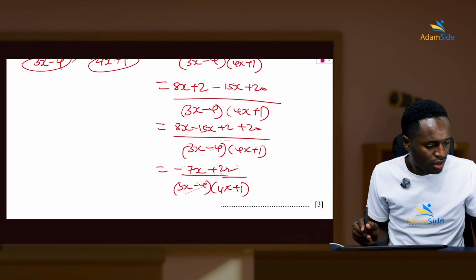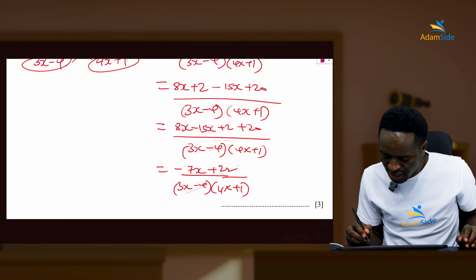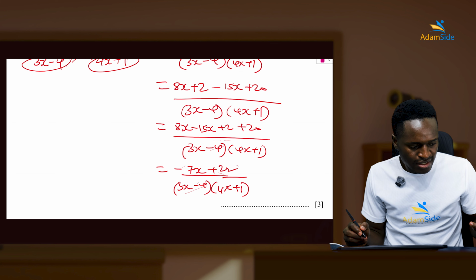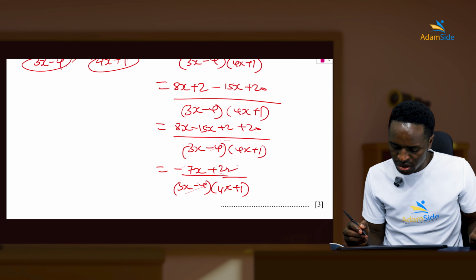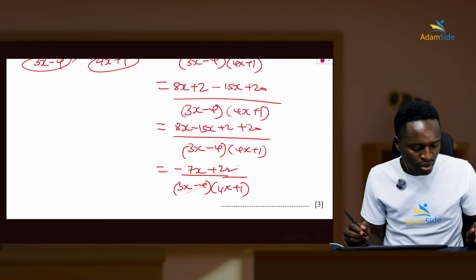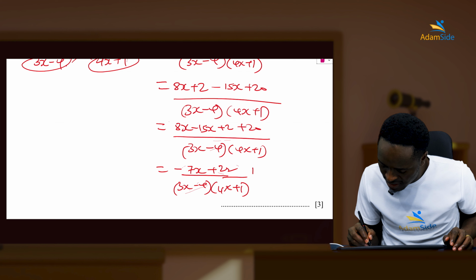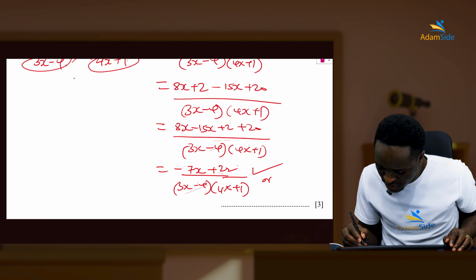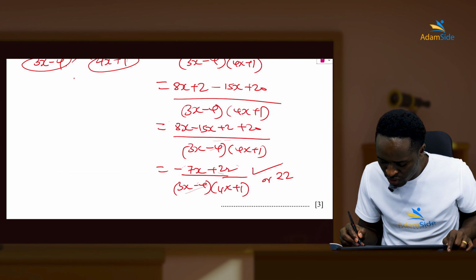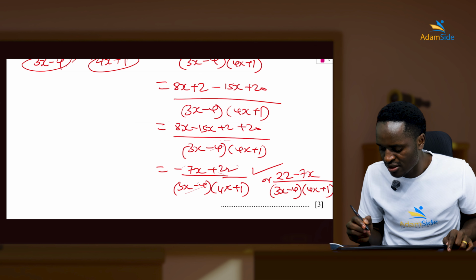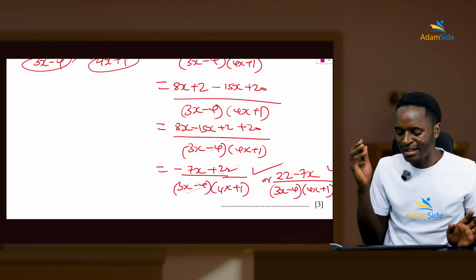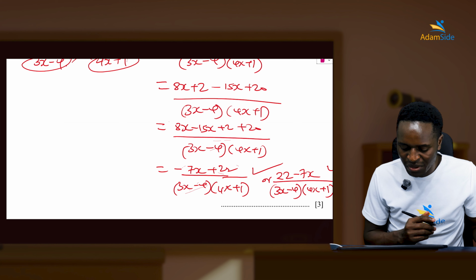If you get that, now you can arrange it. You can put it as negative 7x plus 22 over 3x minus 4 and 4x plus 1. This is the answer. Or you can start with the positive number, 22 minus 7x, over 3x minus 4 in brackets multiplied by 4x plus 1 as your denominator. This is also an answer. Correct, you get your marks there.